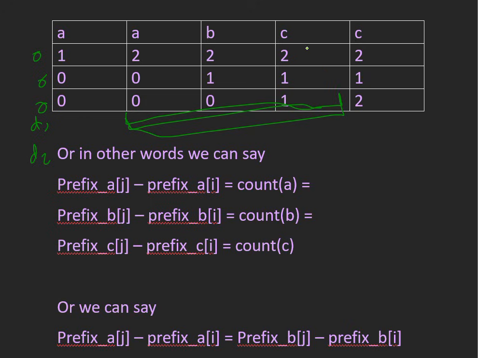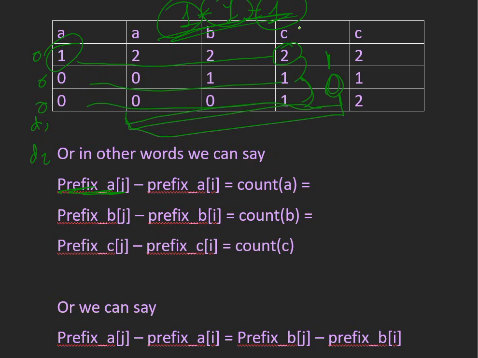So 2 minus 1 is 1, and 1 minus 1 is 0. Number of A's added is 1. Number of B's added is 1 minus 0, 1. Number of C's added is 1 minus 0, 1. So number of A added equal to number of B added equal to number of C. So this is what I have written.